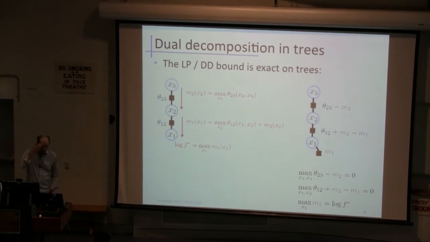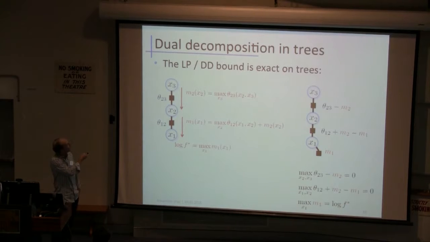Okay. So just to connect this back to trees and dynamic programming, it turns out that this linear programming dual decomposition relaxation is exact in any tree-structured model. So one easy way of seeing that is to just look at some tree-structured model. So if we have this simple chain, and I do variable elimination to compute the optimum via dynamic programming, right?